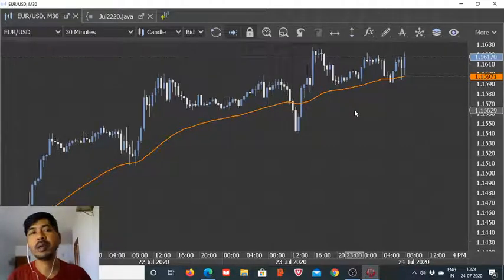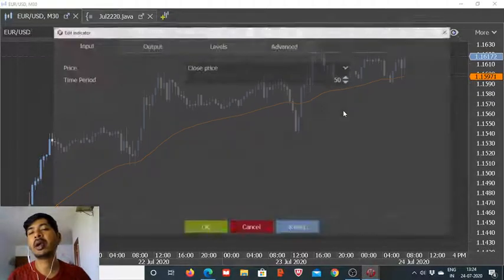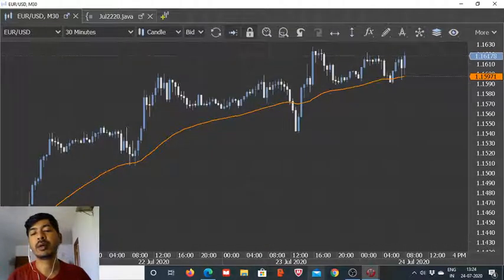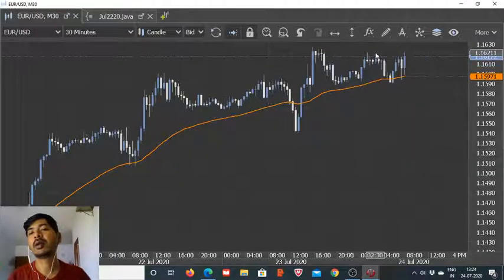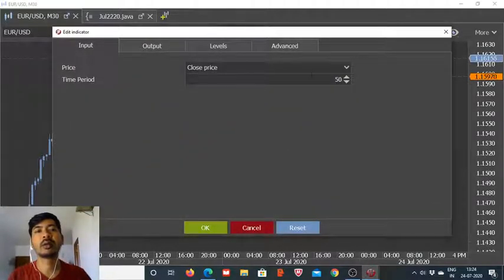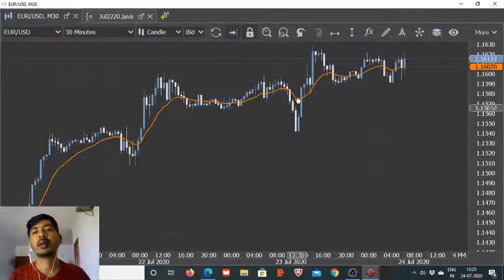So this is a 30 minutes chart, and let us change this time frame to the value as per the Visual JForex block, and it is 14. So we change this to 14, and it will look like this.